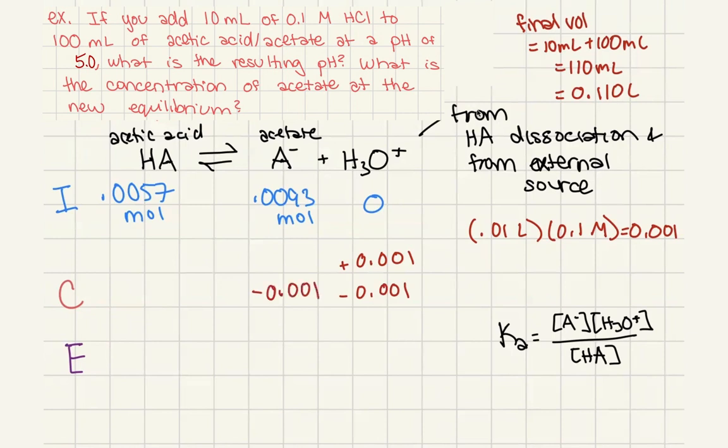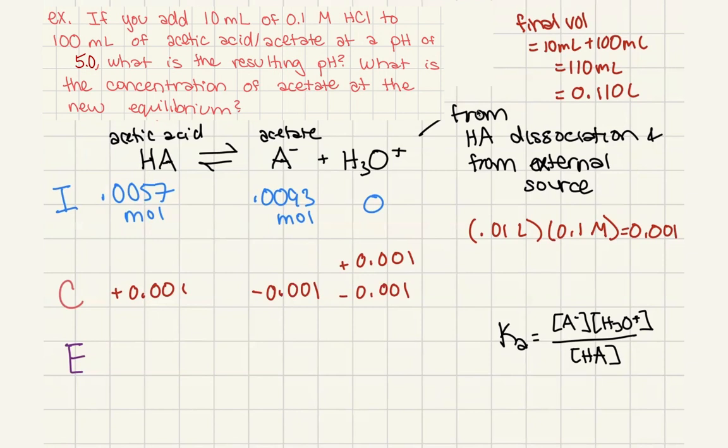And when they react, we're forming more acetic acid, so this is going to be a plus 0.001. All of that is going in, reacting with our acetate to form more of our acetic acid. Okay, so how is this going to affect our equilibrium?